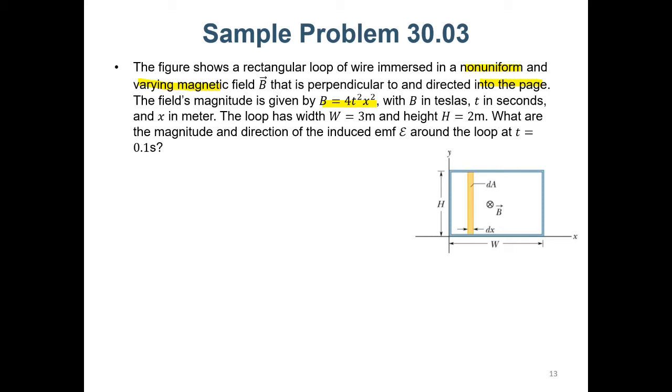It is related to the x-axis and also to time. The loop has a width of 3 meters and a height of 2 meters. What are the magnitude and direction of the induced EMF E around the loop at t equals 0.1 second?